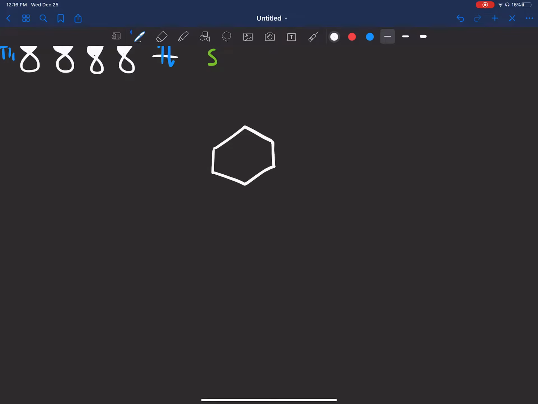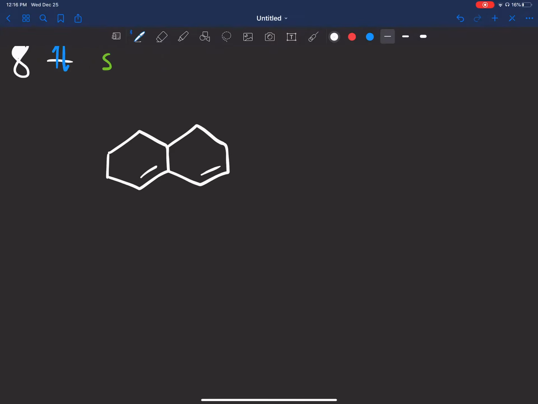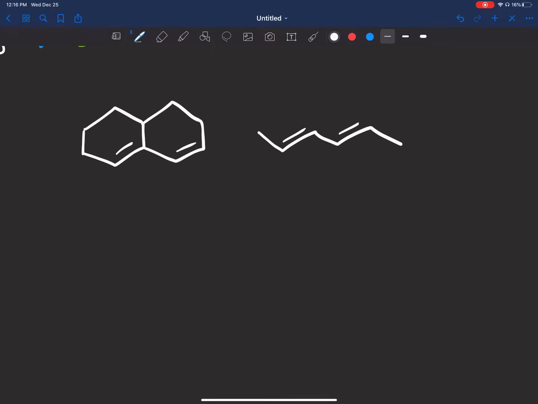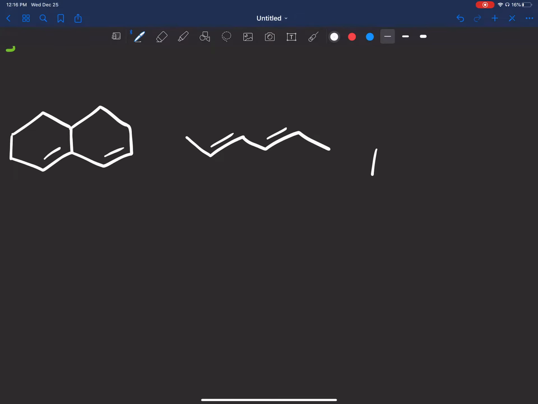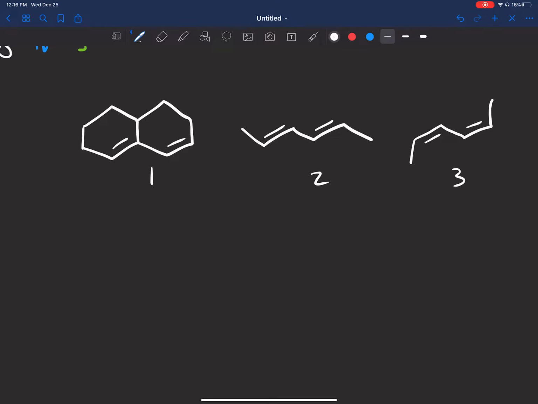The diene that's more reactive is always the one that's in the S-cis conformation. One example could be a question like this: we have to order these in terms of reactivity.